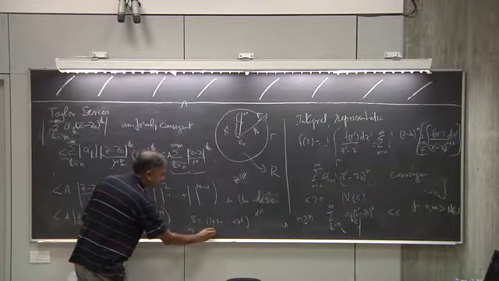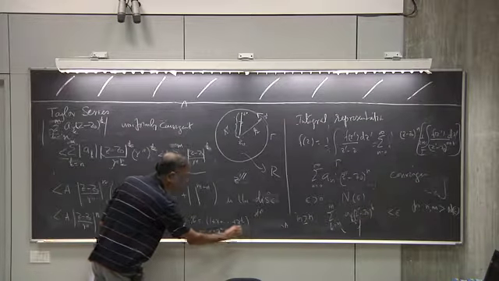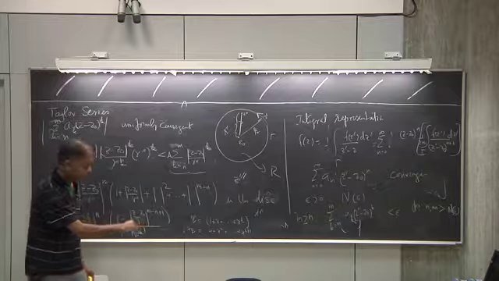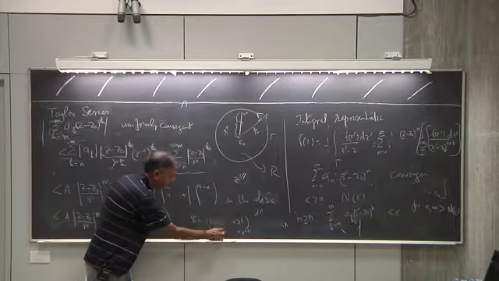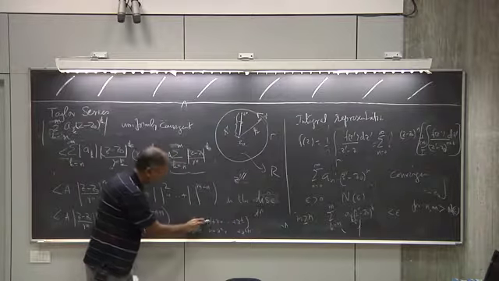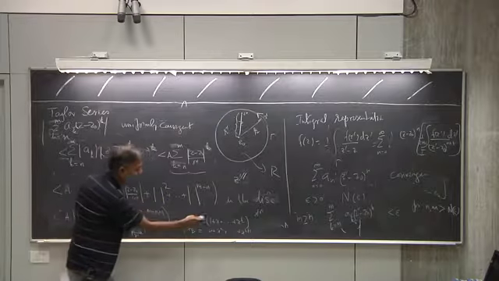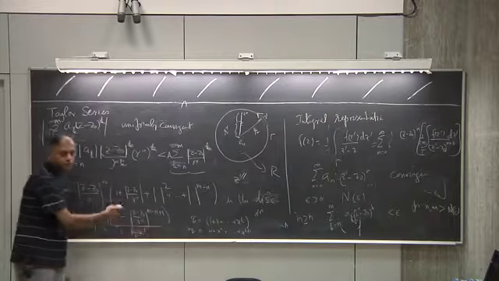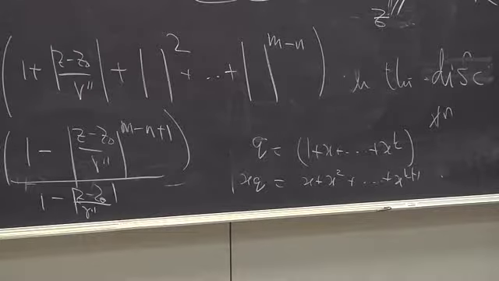You get x plus x squared all the way up to x to the k plus 1, and take the difference between the two. So you get 1 minus x times q, but the difference is all this x, x squared, etc. cancel, and you're just left with 1 minus the last one, x to the k plus 1. So 1 minus x times q is 1 minus x to the k plus 1. So q is that divided by this.